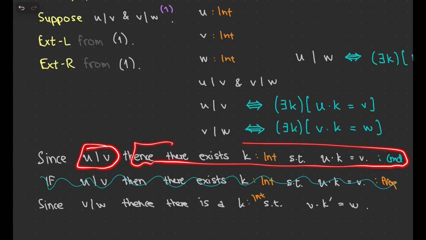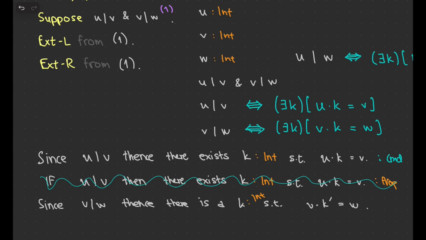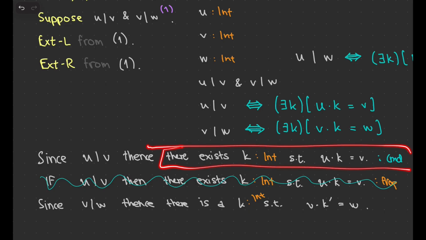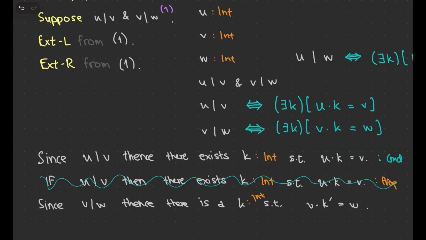There exists a K such that blah, blah, blah. So essentially, this line is saying, since U divides V, then U divides V. If I write it like that, everybody will agree that this did nothing, and yes, technically it's correct. From P I can infer P, but this did absolutely nothing.